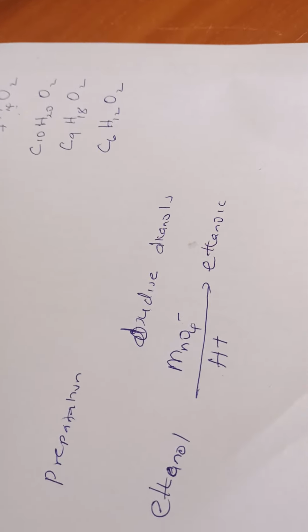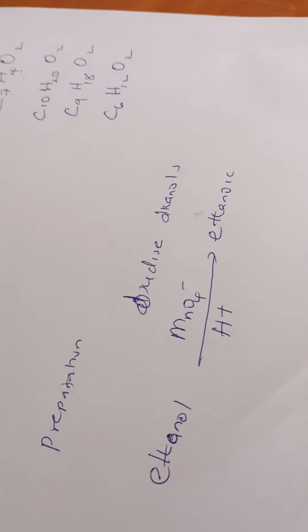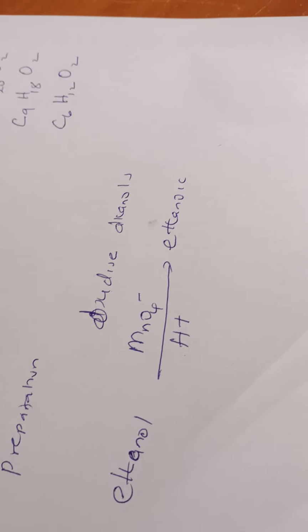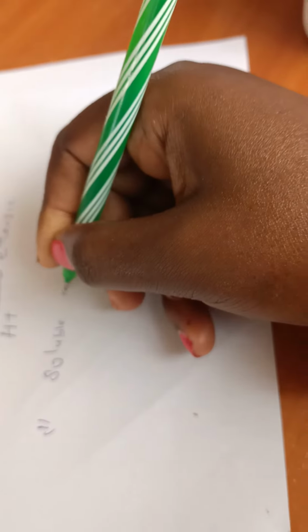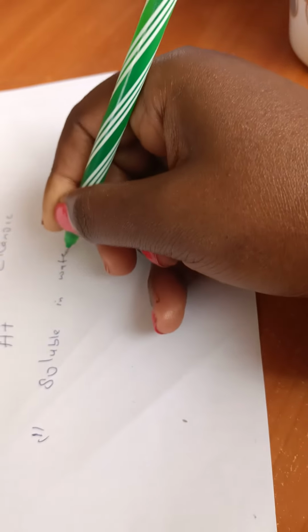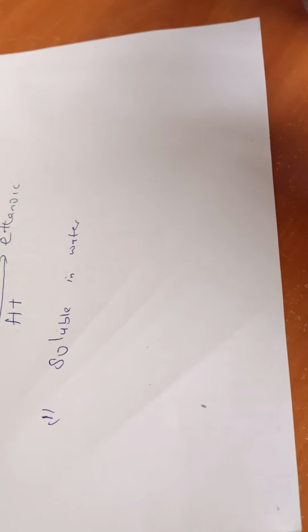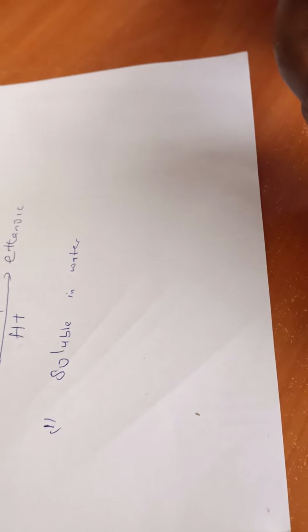Then, alkanoic acids are soluble in water. That is a physical property. The things that are soluble in water are able to form hydrogen bonds with water molecules. So, a molecule of an alkanoic acid can form hydrogen bonds with water.